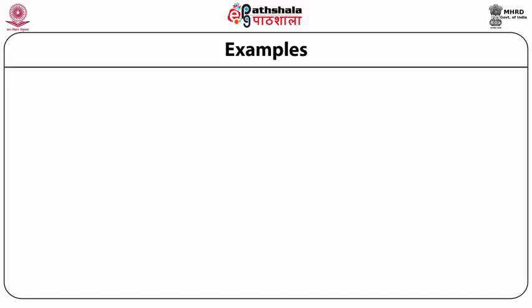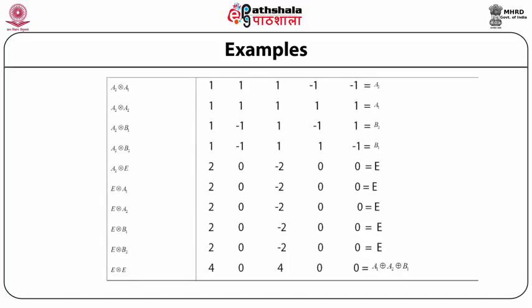So when we do that, we have A2 cross A1 equal to A2, A2 cross A2 equals A1, A2 cross B1 is equal to B2, A2 cross B2 is B1, A2 cross E is equal to E, E cross A1 is E, E cross A2 is E, E cross B1 is E, E cross B2 is E, where E cross E is equal to A1 plus A2 plus B1.